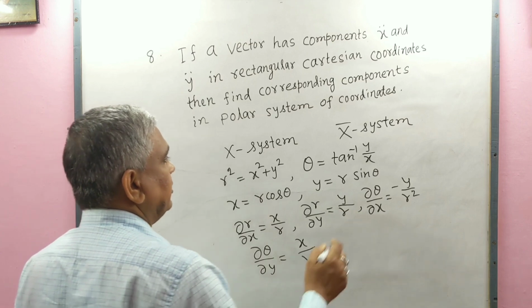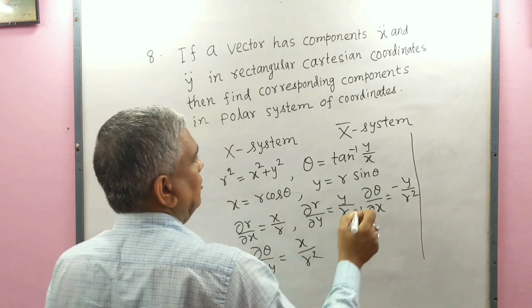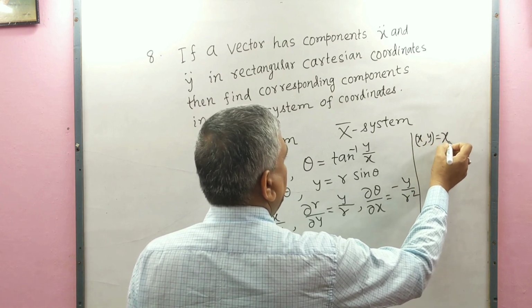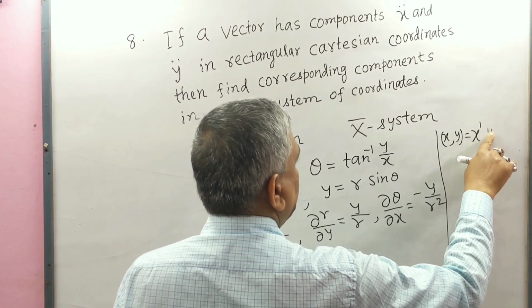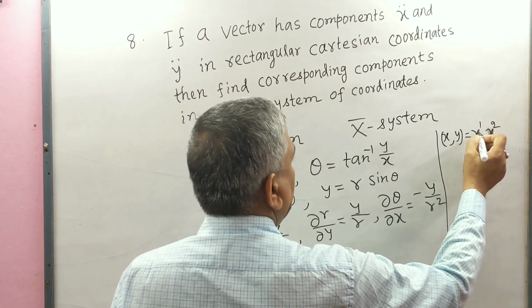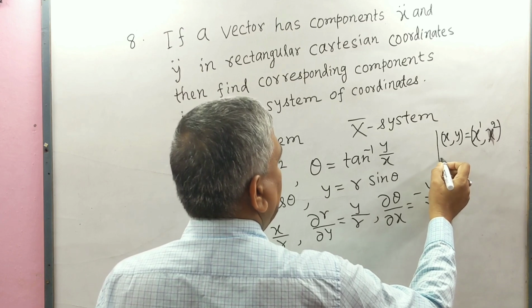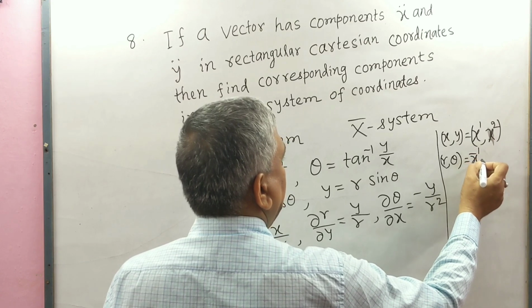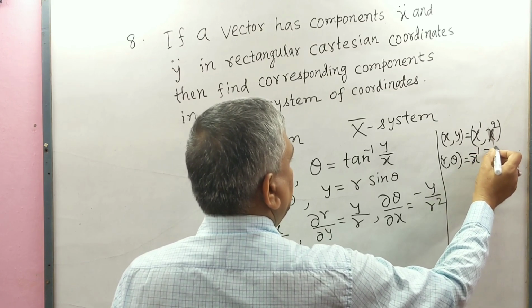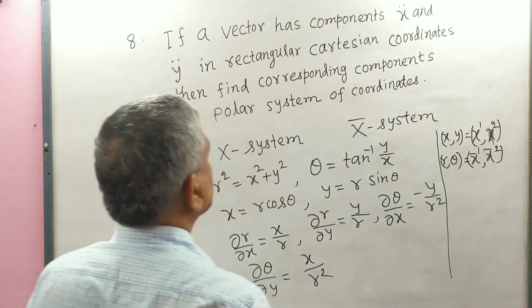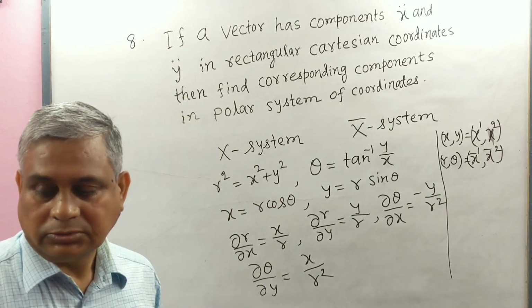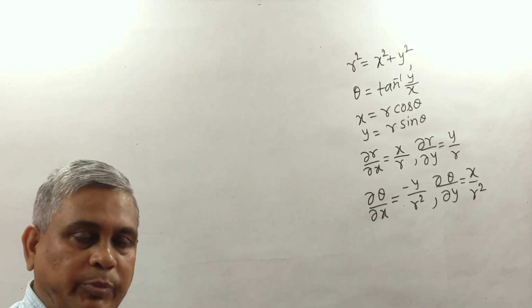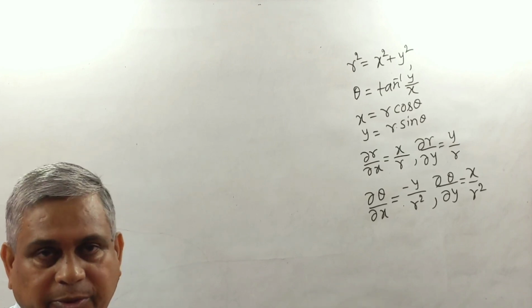We have also considered (x, y) equal to (x1, x2) and (r, theta) equal to (x bar 1, x bar 2). We have already seen that the velocity vector is a contravariant vector.